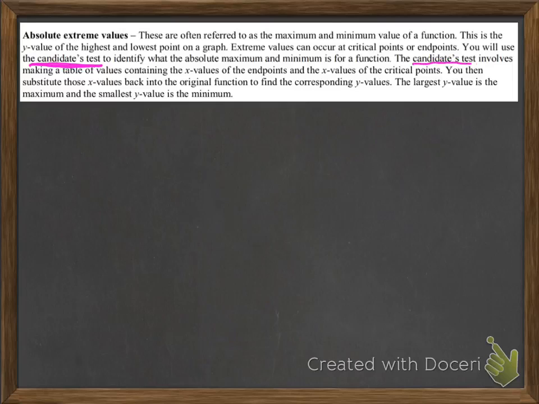So what the candidates test does is we are going to find the maximum and or minimum values at the critical points, but we also have to take into account what the y values are at the endpoints of the function.